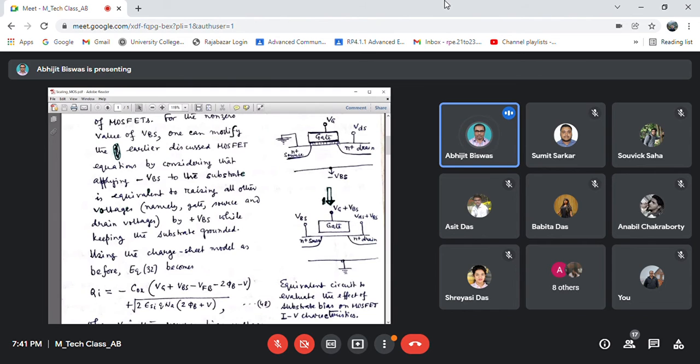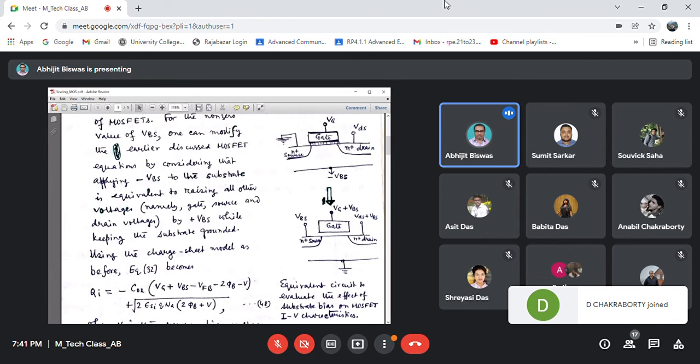So if you have any question, you can ask me. This is possible because this potential can be measured from any arbitrary reference. Our intention is to connect the substrate to ground.